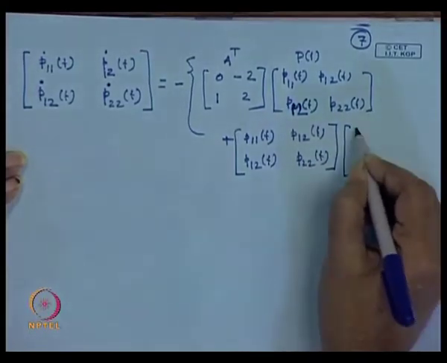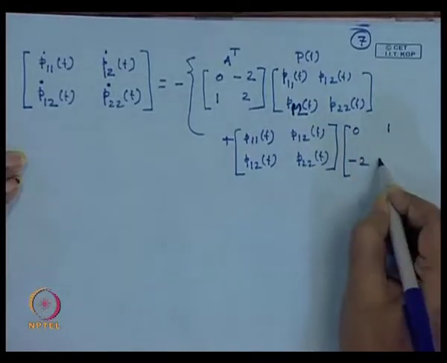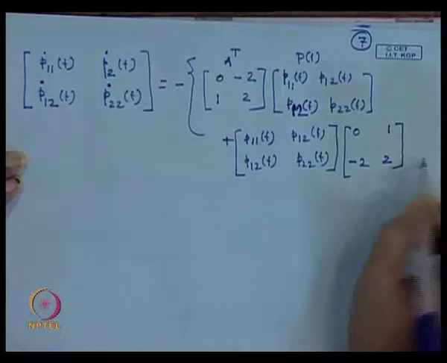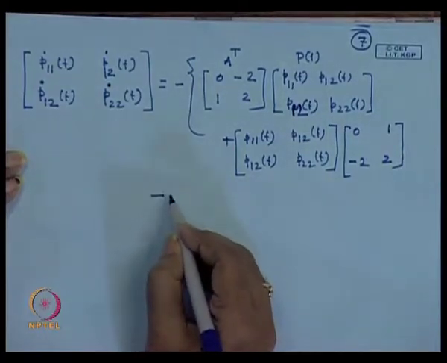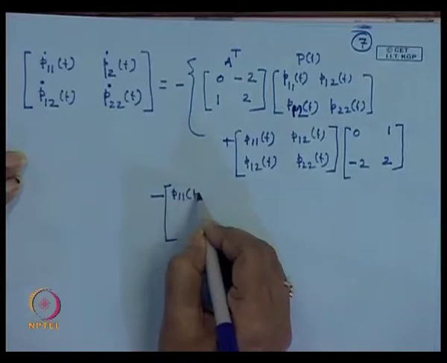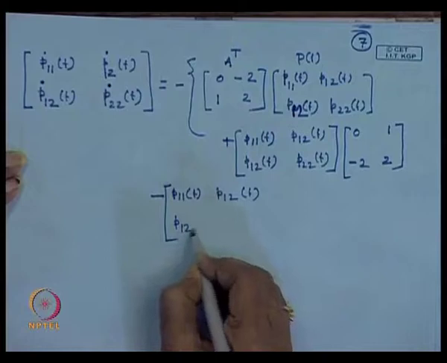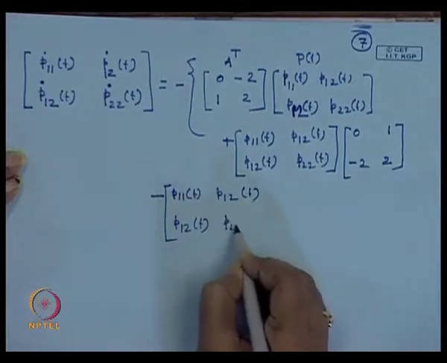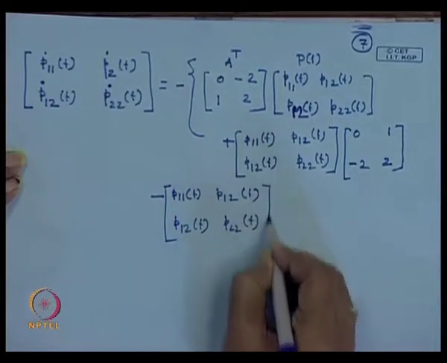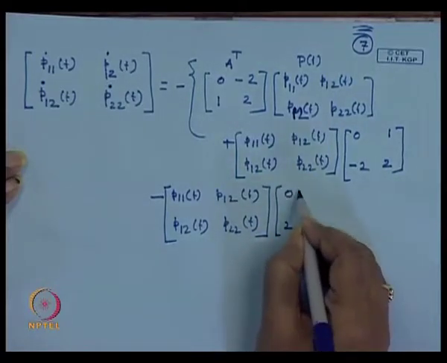A is, if you recollect, our system matrix: [-2 1; 0 1 -2 2], then minus P, P11(t), P12(t), P12(t), P22(t), P. B is [0 2].